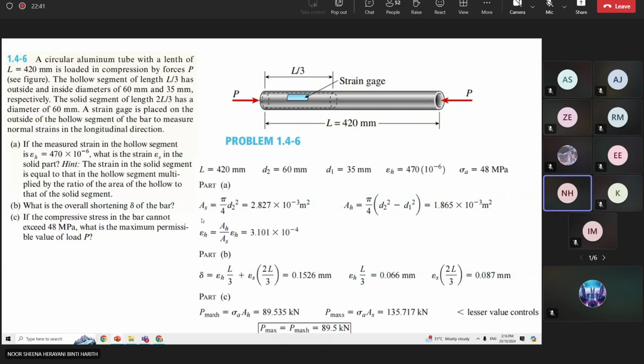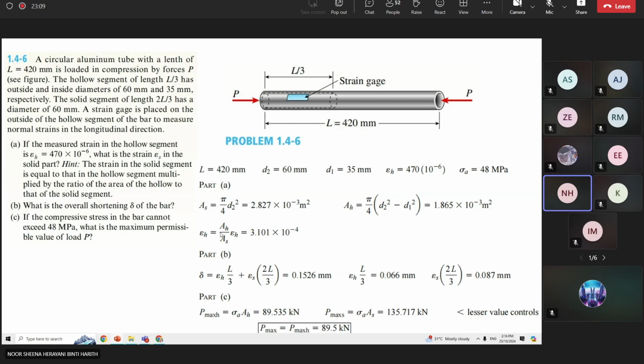Now to get this epsilon hollow, because in here it mentions the solid segment is equal to EH multiplied by the hollow segment with the area ratio between the hollow divided by solid.